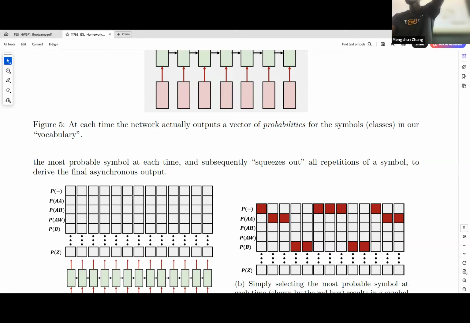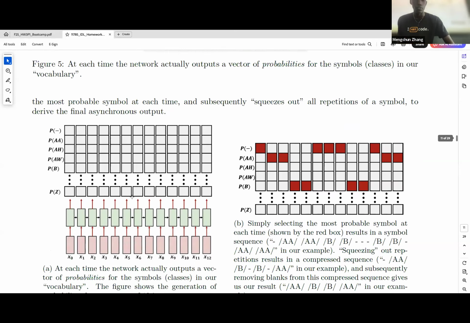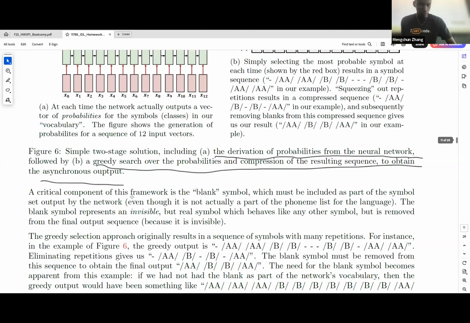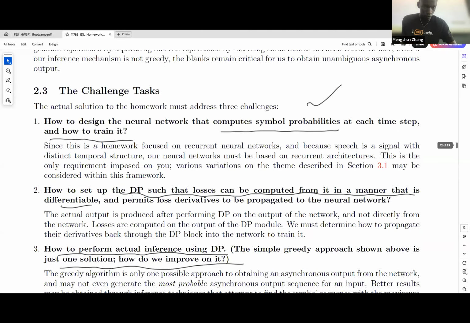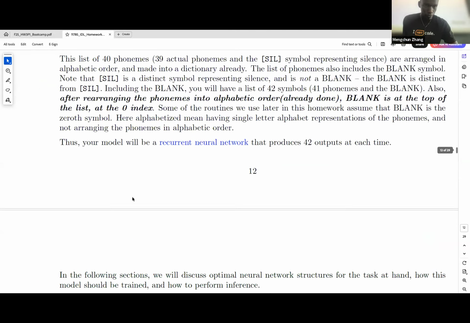If your vocabulary contains 100 words, you need to assign every word a probability. So the first way you can go about this, after labeling all these frames, is just to go picking the highest probability. It's in the architecture. But this is not always the most optimal way.